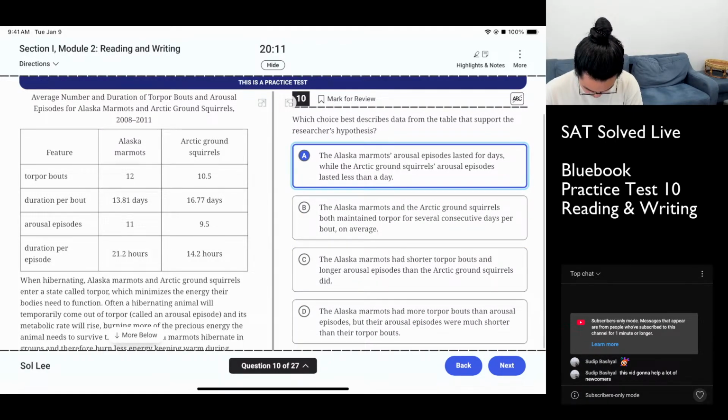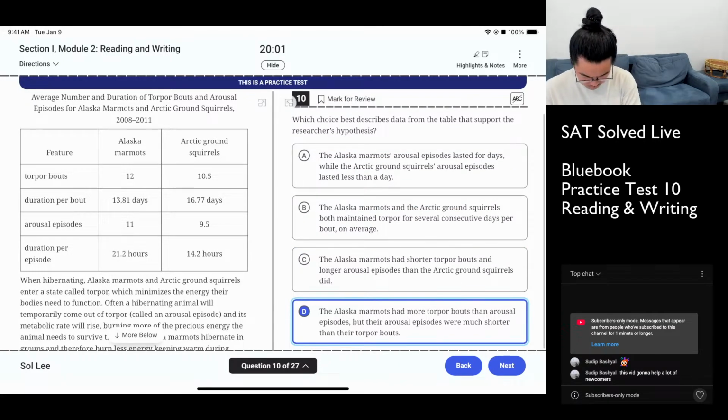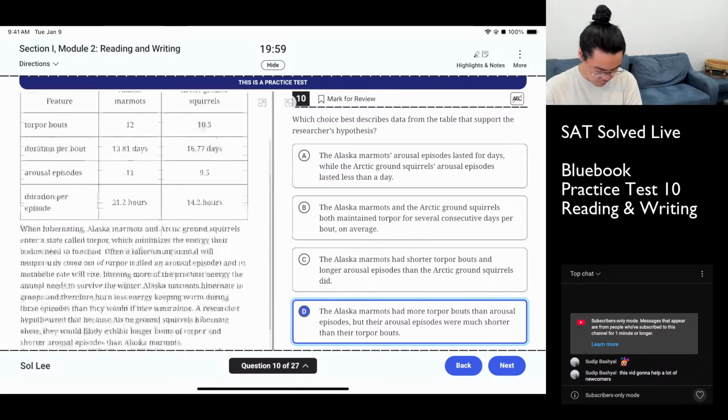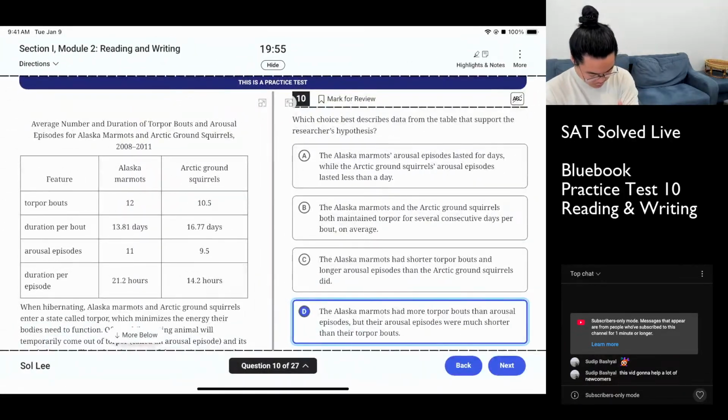Okay, squirrels arousal. What the hell? They both were less than a day. Wait, none of these focus on squirrels, so now I have to do process elimination. Freaking annoying. Hang on. The squirrels have longer duration, 60.7, and the squirrels have shorter arousal.